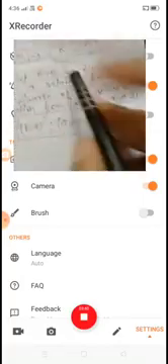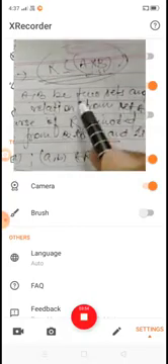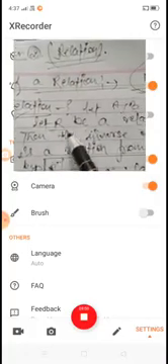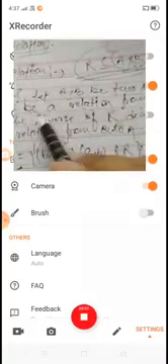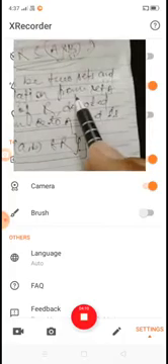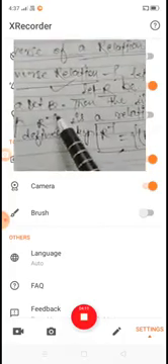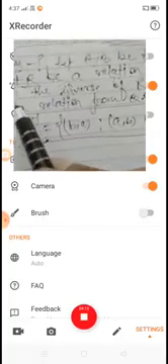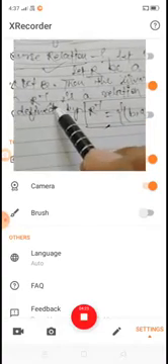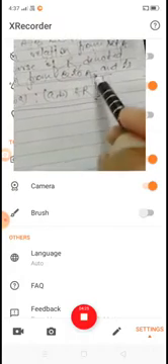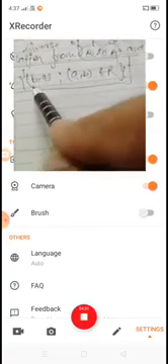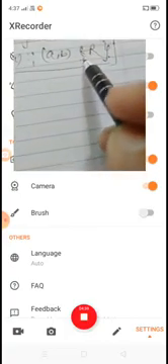First of all, suppose that A and B are two sets, and let R be a relation from set A to set B. Then the inverse of R, denoted by R inverse, is a relation from B to A, and it is defined by R inverse equals (b, a) such that (a, b) belongs to R.